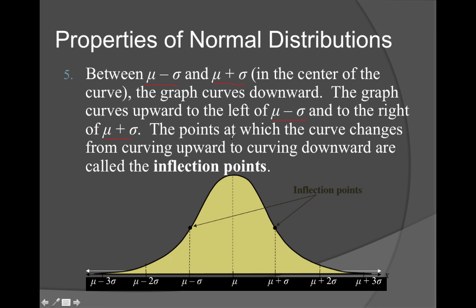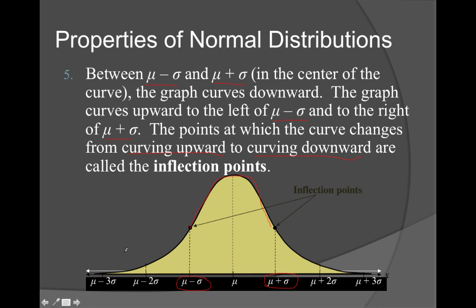The points at which the curve changes from curving upward to curving downward are called inflection points. So what are we talking about here? Let's consider 1 standard deviation away. Between them, we're curving down.